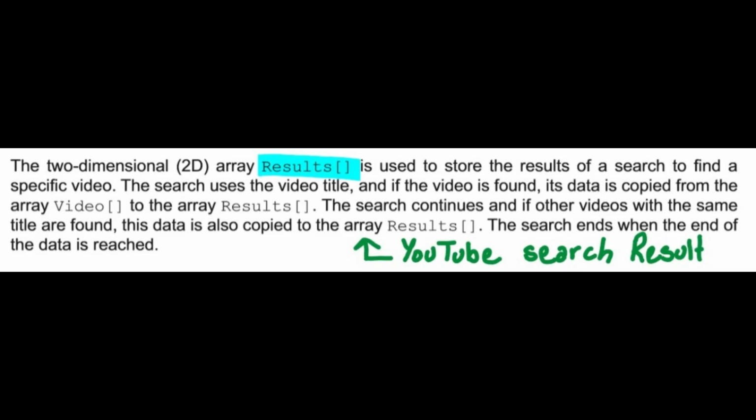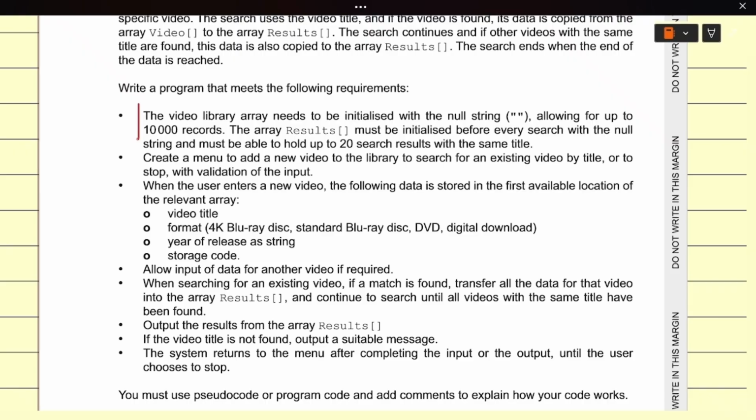So this program is pretty much like searching on a web browser or searching a video on YouTube. Whenever we search a video on YouTube, we are not recommended just one video. The YouTube algorithm recommends multiple videos that have similar keywords. So this program is a simulation of searching a video quite like on YouTube.